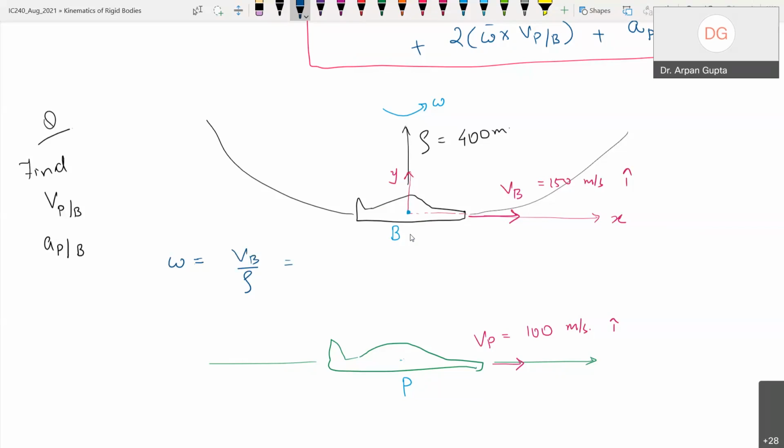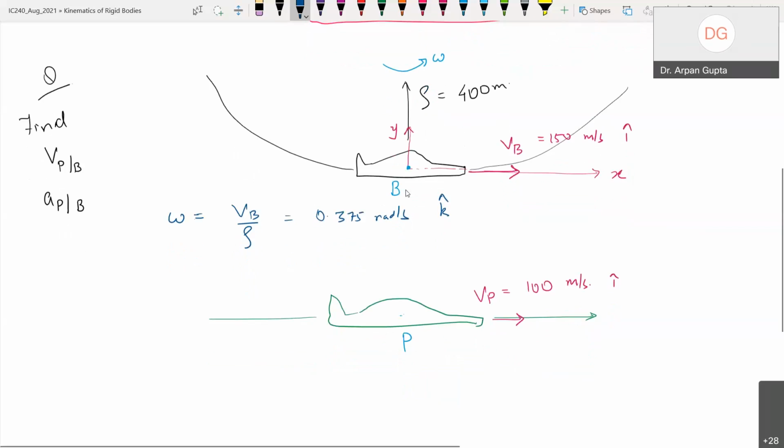This will come out to be, let's say, 0.375 radians per second, and this is going to be out of the plane, so it's k cap out of the board. That's the omega vector.